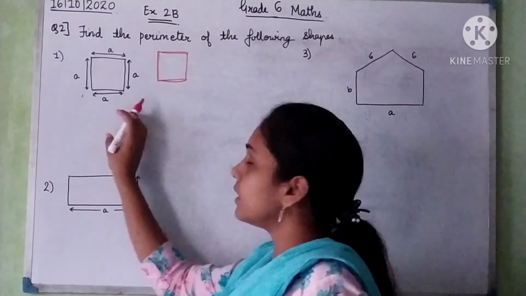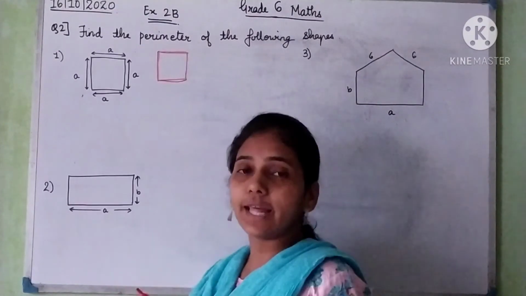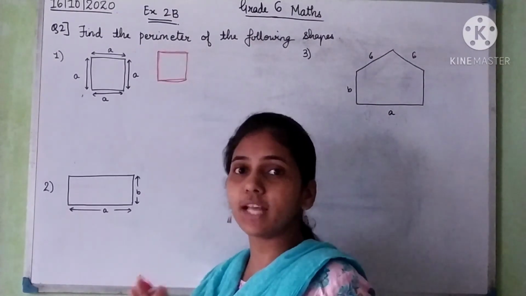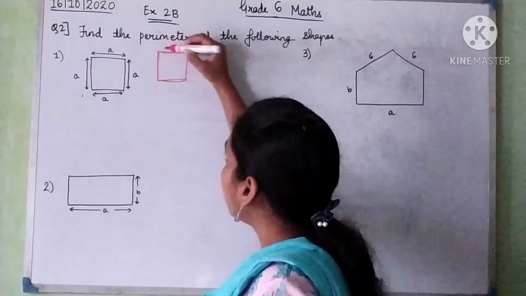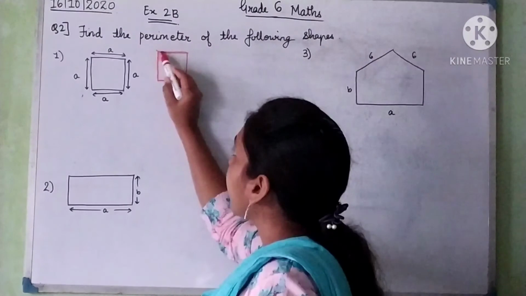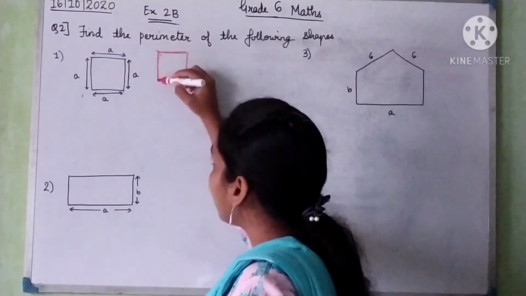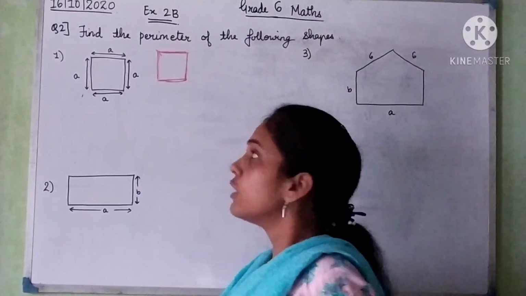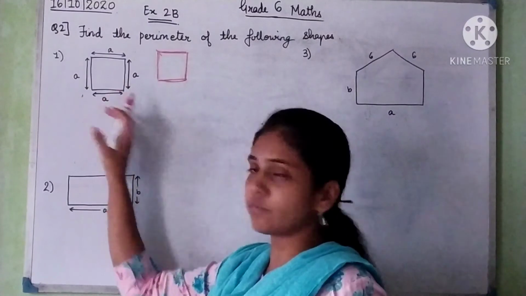So perimeter means the total sum. How much total length of that string is or how much total length of the shape is. If we start from this point, we measure this length, then this length, then this length and then this length. So the total of all these lengths is going to be the perimeter of that shape.